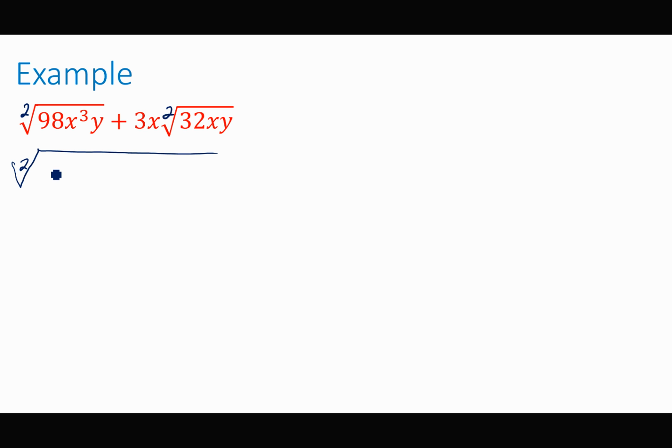Could do 7 squared, which is 49, because 49 times 2 would get me my 98. So I'm going to break that out. And then I'm going to write this as x times x squared times y. I'm going to separate those on purpose.